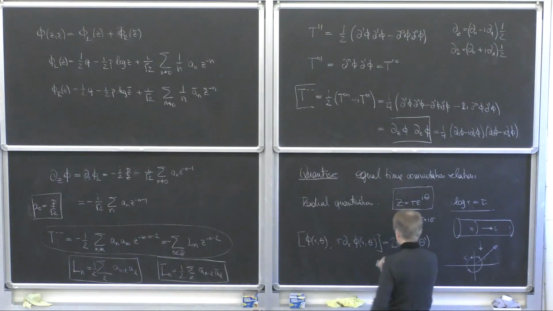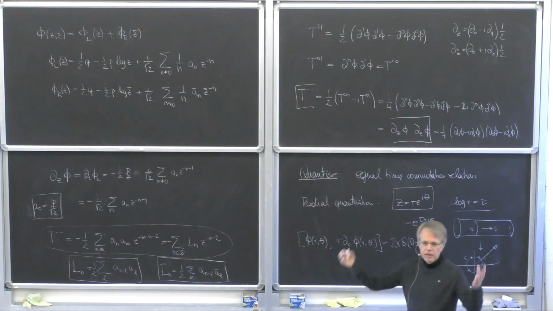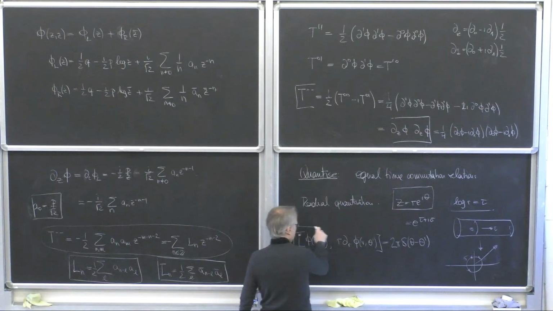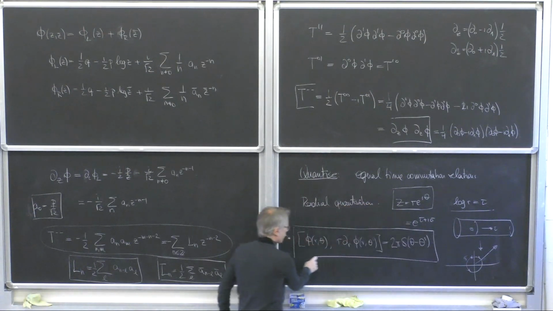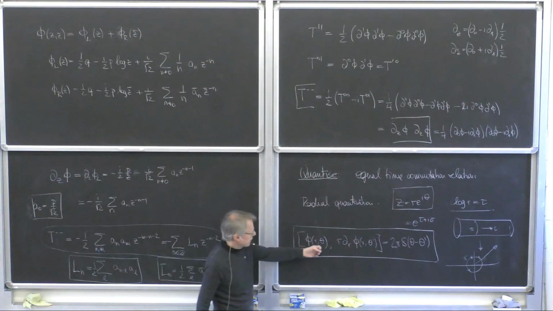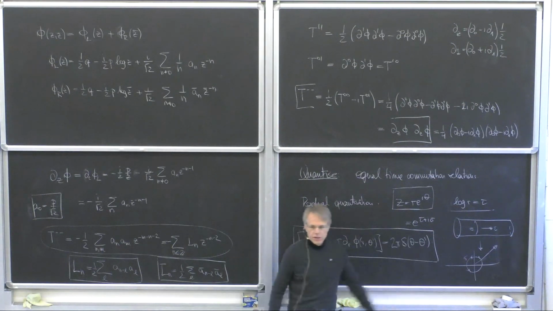As you know, quantizing a theory, even in quantum mechanics, you make a postulate: I declare that that's what should define my quantum theory, that the field times the time derivative of the field should satisfy this commutation relation.